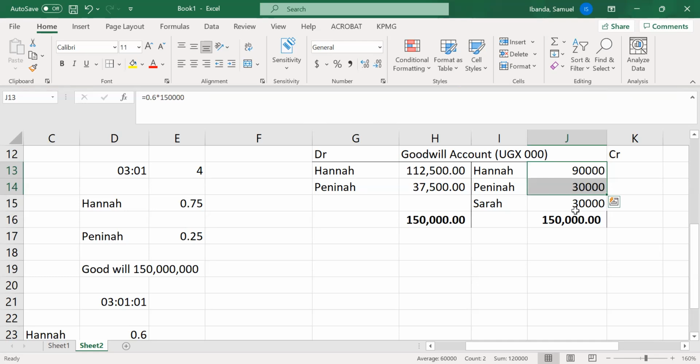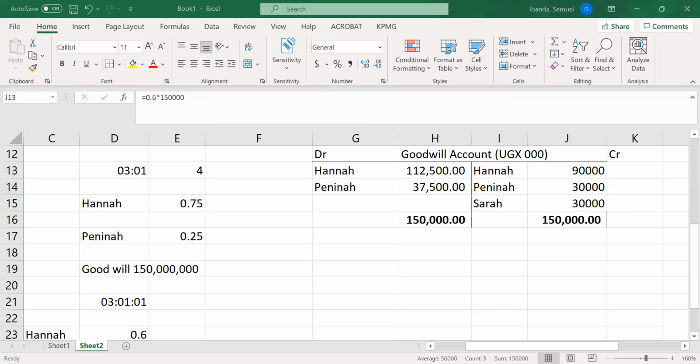Goodwill is raised based on the previous sharing ratio, and it is written off immediately by how the partners will share this goodwill. So goodwill is not basically maintained. That is what the examiner indicated here.